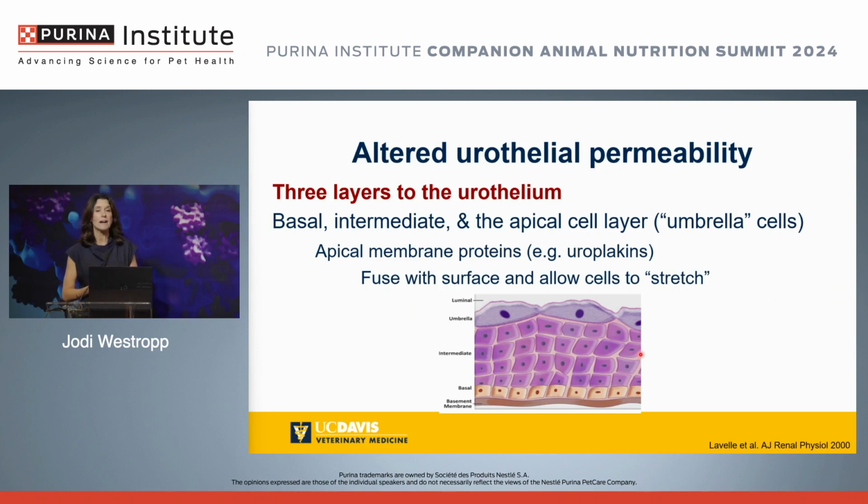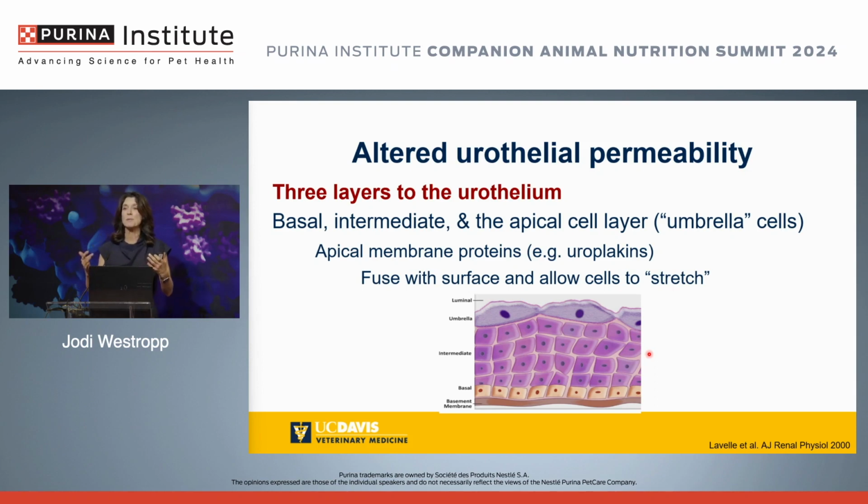One thing that's been documented quite frequently in cats and humans with this disease is an altered urothelial permeability. And there are 3 layers to the uroepithelium. You have the basal layer here, the intermediate cell layer, and then the apical layer. And those apical cells are referred to as umbrella cells because they have these cell surface proteins, for example, things like uroplakins.